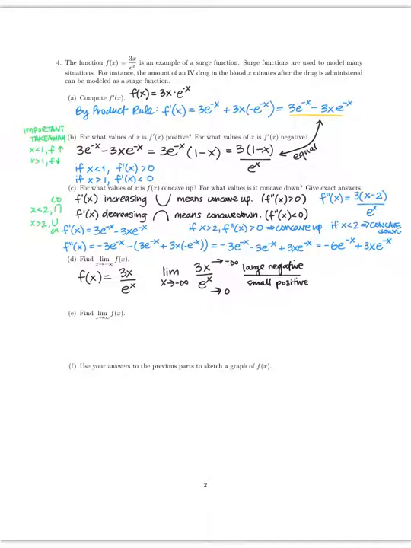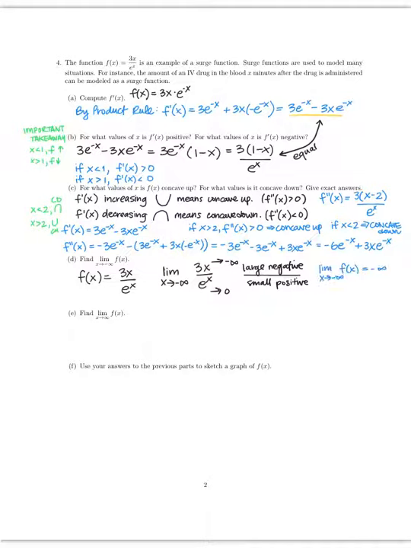You're taking something very large in magnitude with a negative sign, and dividing it by something of small magnitude with a positive sign, right? The numerator's limit is negative infinity, the denominator's limit is 0 from the positive side. And so your net result is that this limit is going to equal negative infinity.